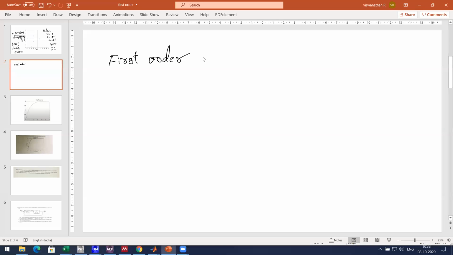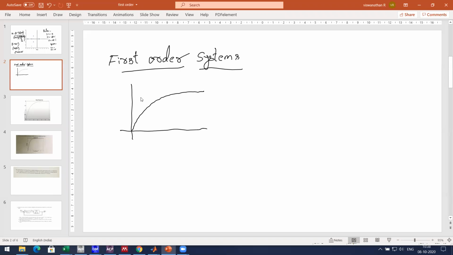First order systems. So far we have discussed second order systems where zeta and omega n are the 2 important things. So in a first order system, what is important we'll see. In a first order system, the step response will always be exponential.